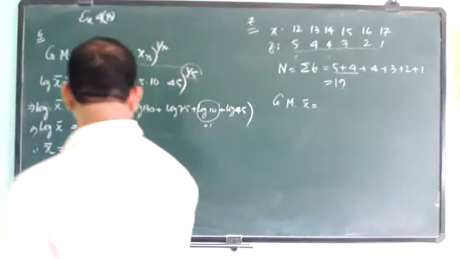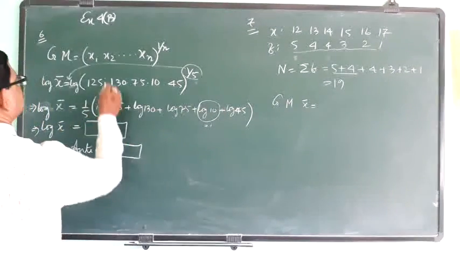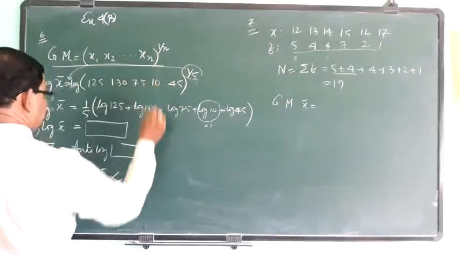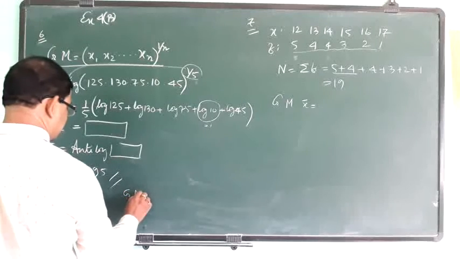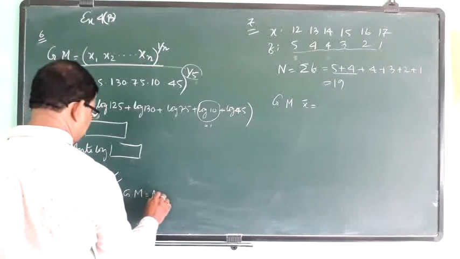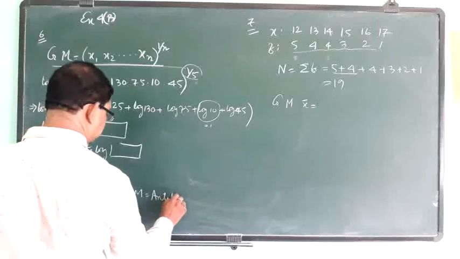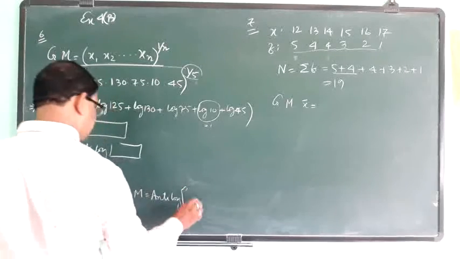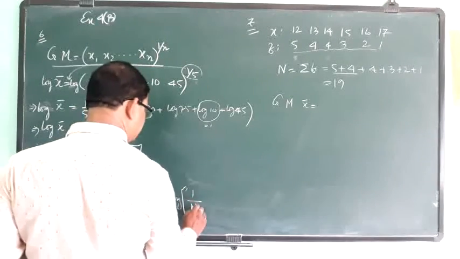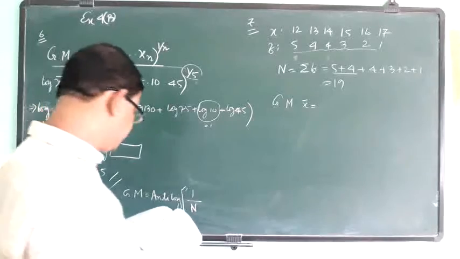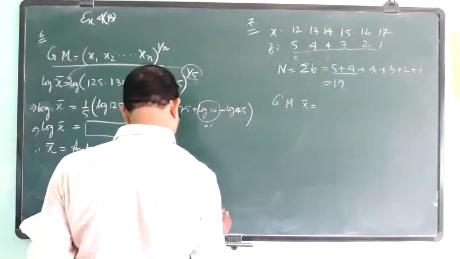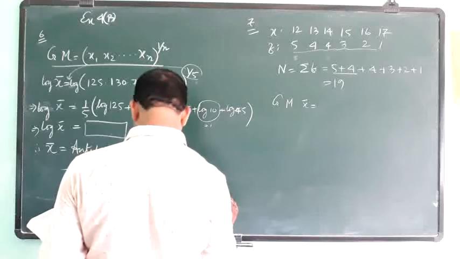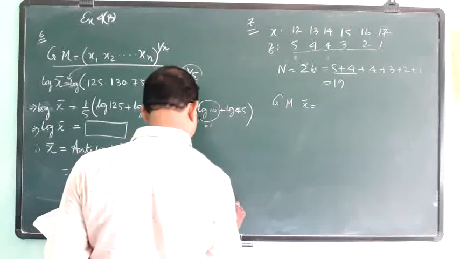The earlier one was the formula for non-frequency data. If there is frequency, then the geometric mean is antilog of 1 by n, where n is the sum of all the frequencies, into summation fi log xi.